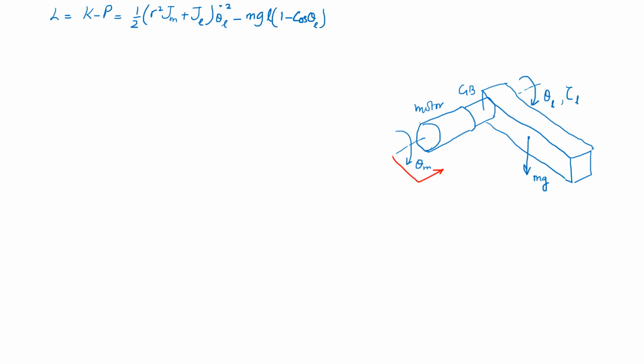Now you can move on to step number 5, and that would be to find the partial of this Lagrangian with respect to the generalized velocities. So that would be equal to, actually in this case, partial of L by partial of theta L dot. And that you can do very easily.